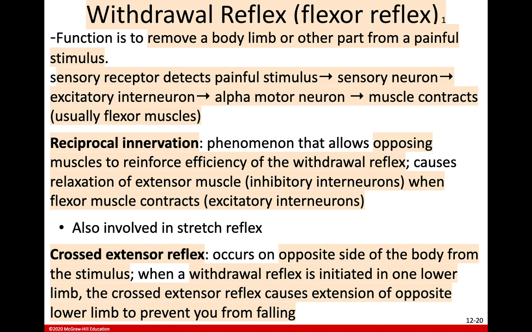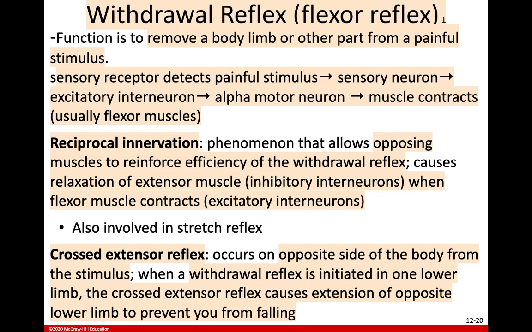We want to contract those to pull our arm away. Okay, we want to relax the triceps. The triceps is an extensor. So at the same time that this reflex causes those flexors to contract, it's also going to simultaneously inhibit the extensors. It's going to cause them to relax because that is going to provide a quicker, more efficient withdrawal from that painful stimulus.